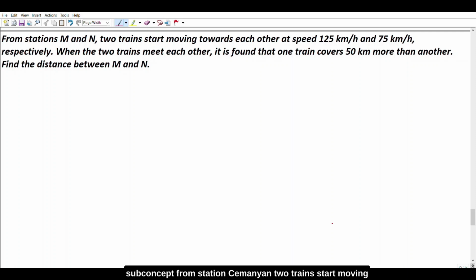From stations M and N, two trains start moving towards each other at speed of 125 km per hour and 75 km per hour respectively. When two trains meet each other, it is found that one train covers 50 km more than the other.